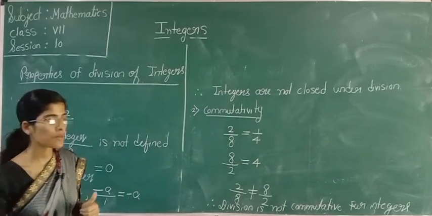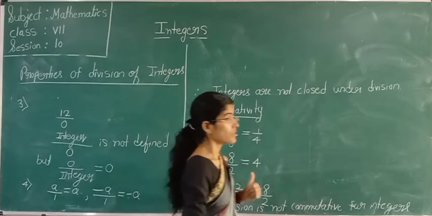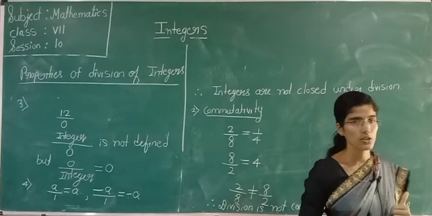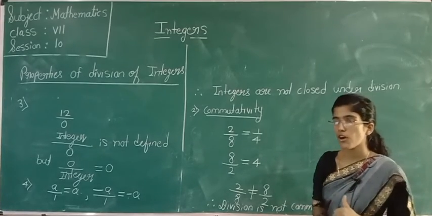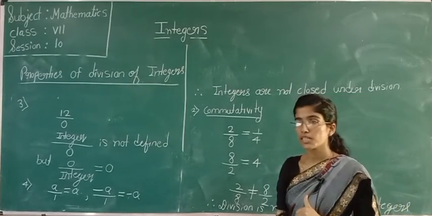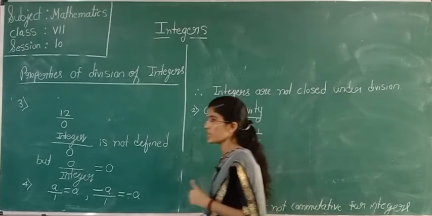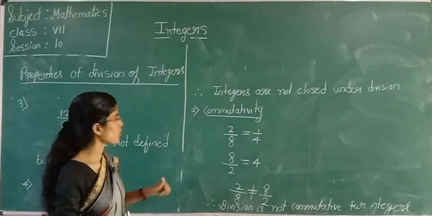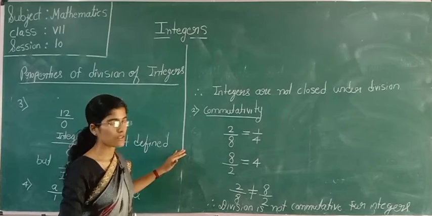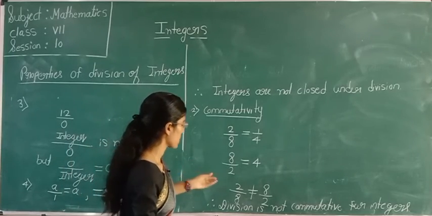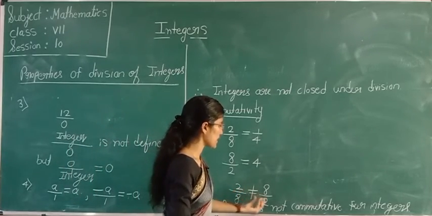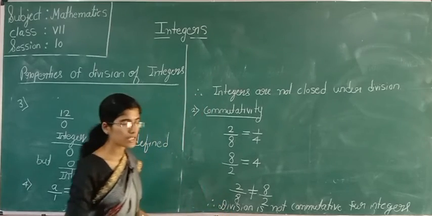In the closure property we saw that division is not closed for integers, or integers are not closed under division. Okay, the second property is commutativity: division is not commutative for integers.